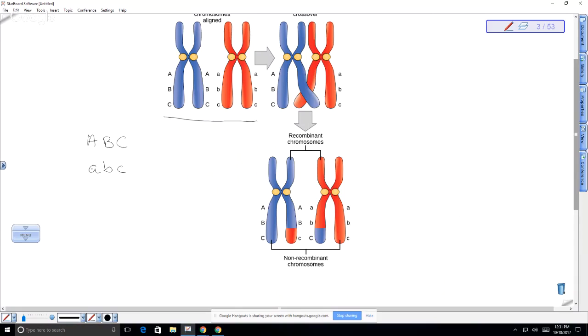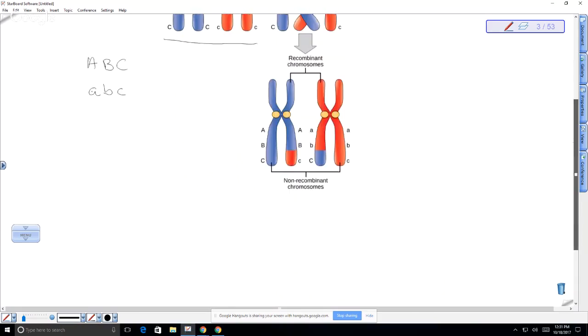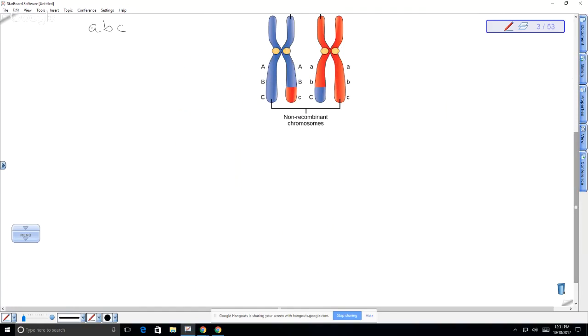The other thing about meiosis that you should know, so this would be like the third thing. The first is that there are 2 consecutive cell divisions. There's crossing over in prophase 1.